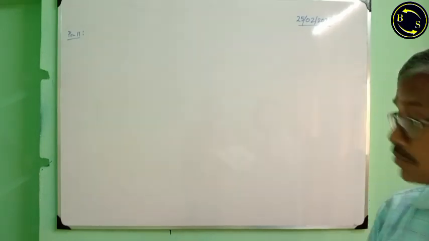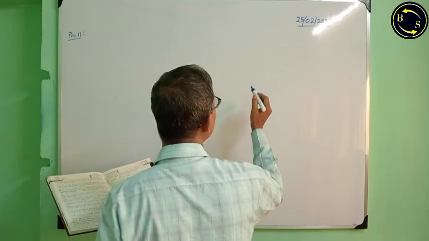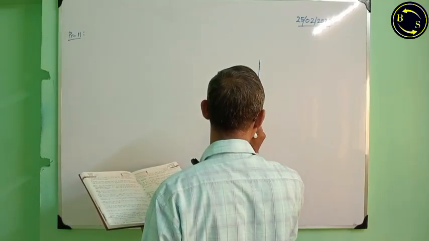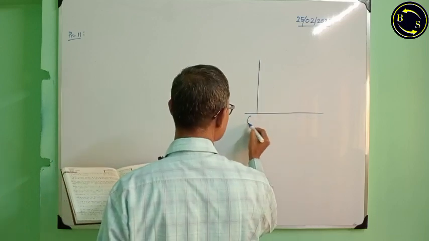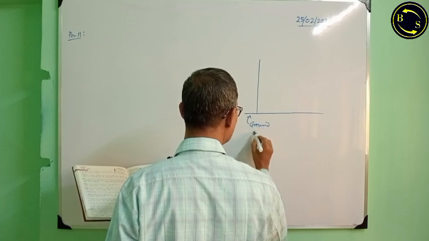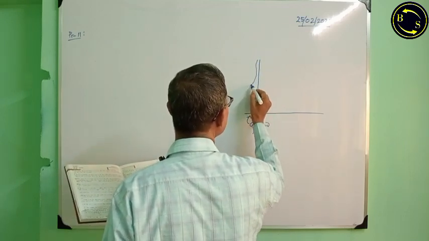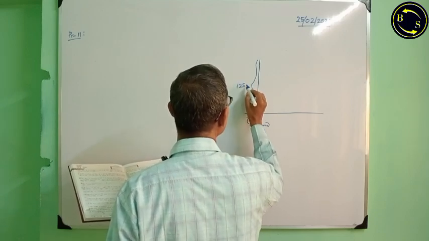First we draw the problem like this on the right side. This is ground level. And this height is 125 meters.